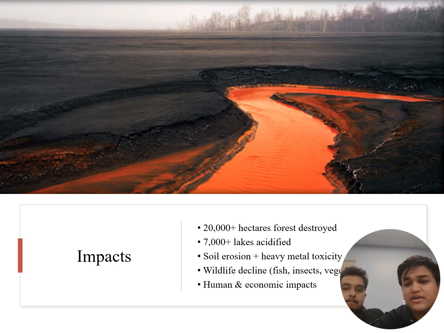The soil quality degraded rapidly, resulting in erosion and long-term loss of nutrients. Wildlife populations declined, including fish, insects, and even plant species unable to survive in the contaminated soil. There were also human and economic consequences impacting drinking water, land usability, agriculture, tourism, and community health. Sudbury became one of the most environmentally damaged regions in the country.